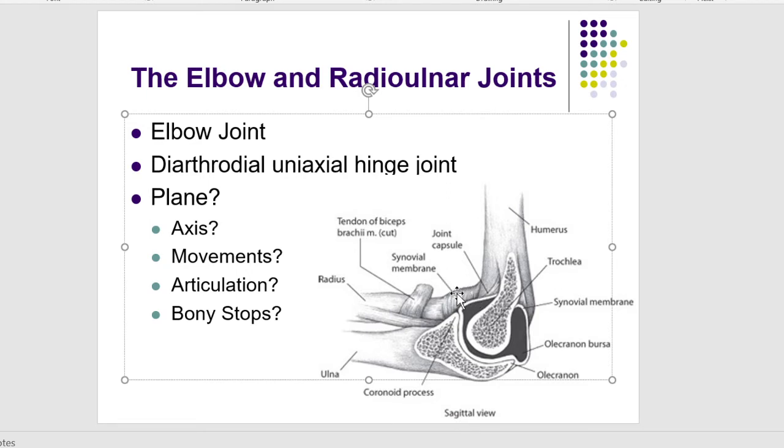Whereas pronation and supination occur not in the elbow, but in the proximal and distal radioulnar joints.